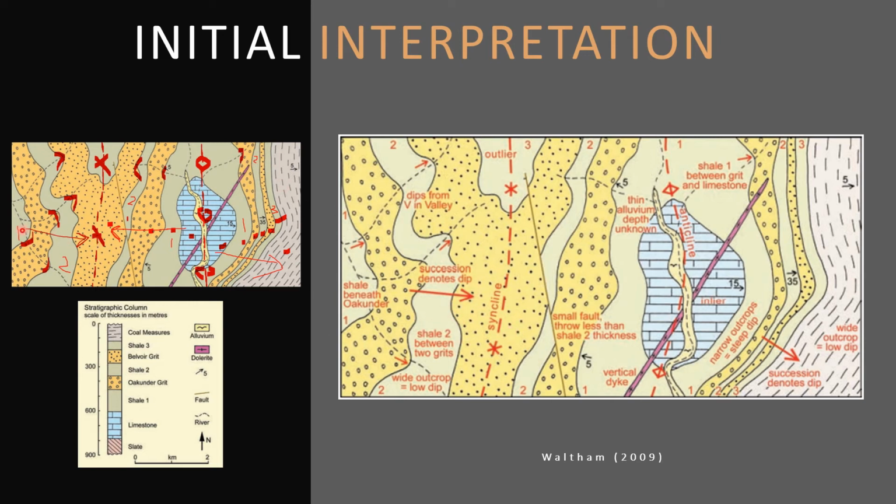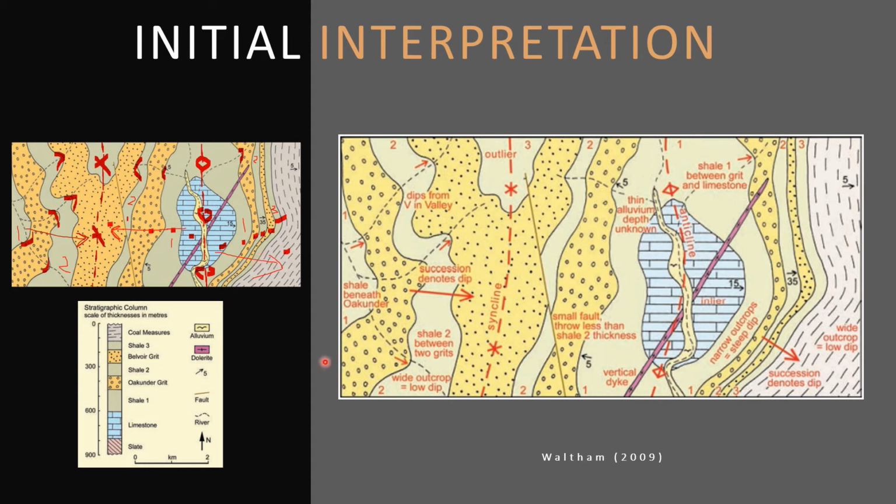We are correct that there is a dip by succession here, and also here because it is also indicated here. And we are correct with the syncline that we interpreted here and the anticline that we interpreted here.